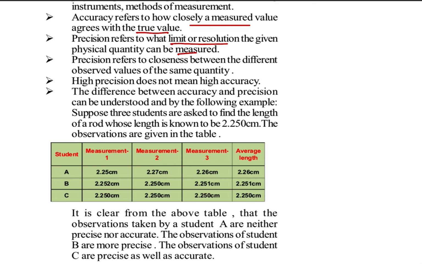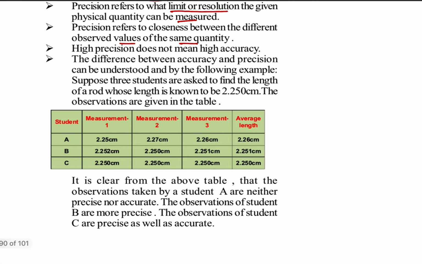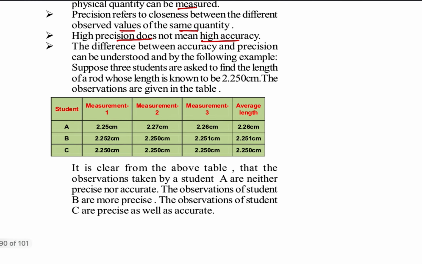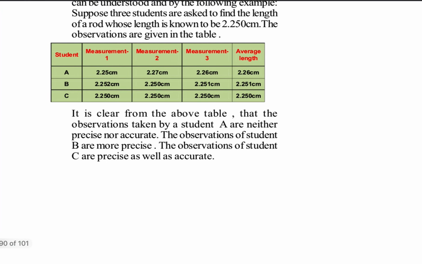Precision refers to the limit of resolution to which the given physical quantity can be measured, or the closeness between different observed values of the same quantity. Remember that more decimal places means more precision, and high precision does not mean high accuracy.